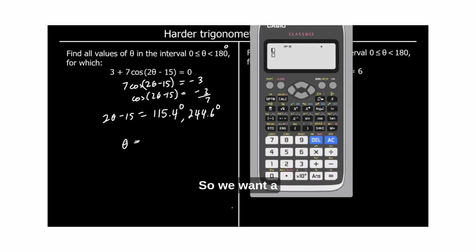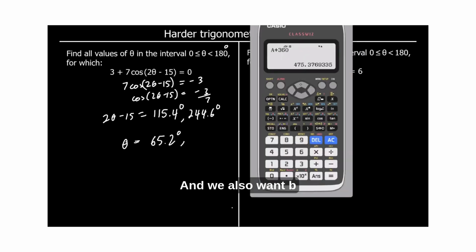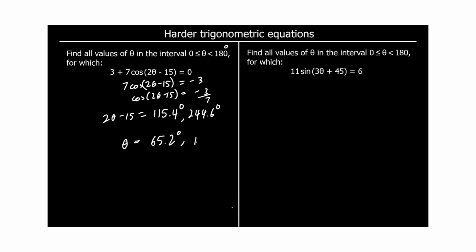So we want A plus 15 over 2, which is 65.2. And we also want B plus 15 divided by 2, which is 129.8. So they are our answers.